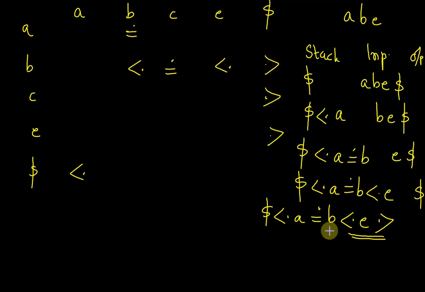So the resultant string which is left is dollar less than A is equal to B, and here there is dollar, that is an input. So B on dollar, what is B on dollar? B on dollar is greater than. So dollar less than A is equal to B, and B on dollar is greater than. What is left here? This.